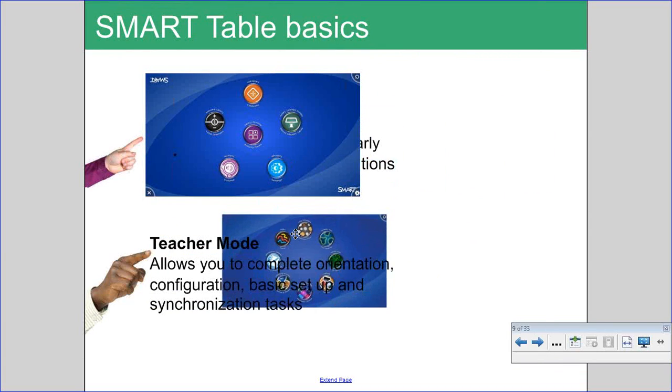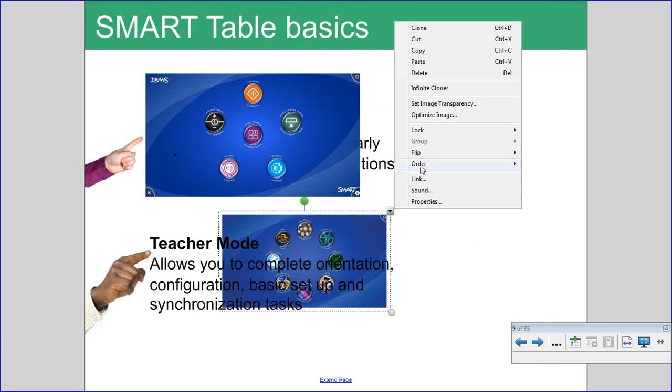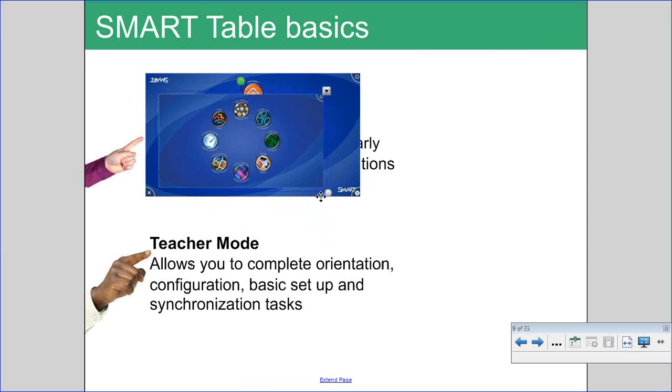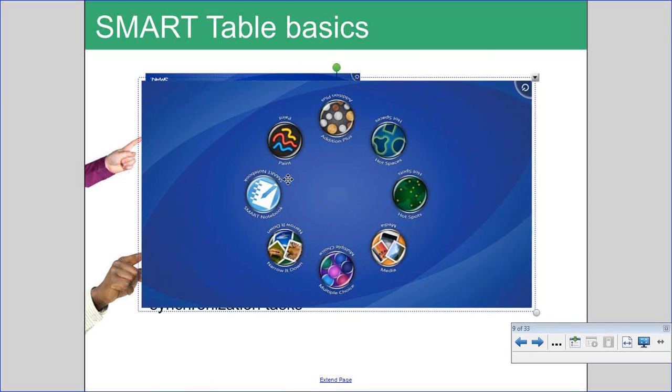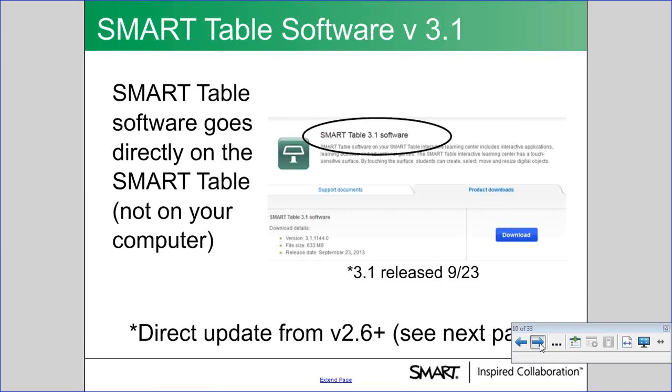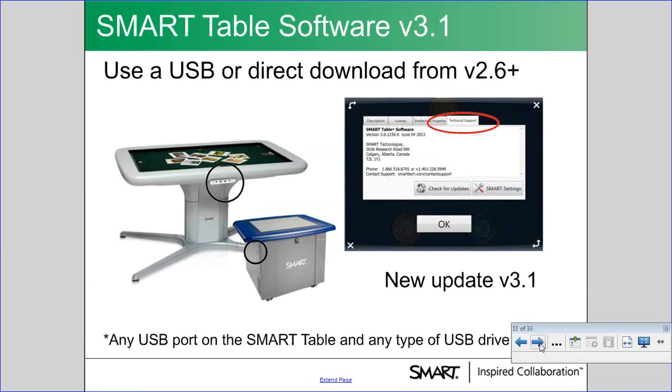If I go back to here and look, you'll notice that I have this icon right here. This is Smart Notebook. That is part of the table software. So you don't have to run an independent file to run Notebook files. They all run within the toolkit. I get that question a lot. So you don't have to do any extra things.